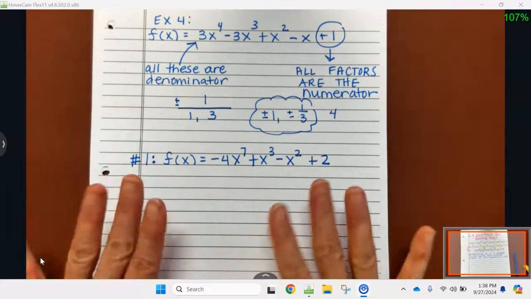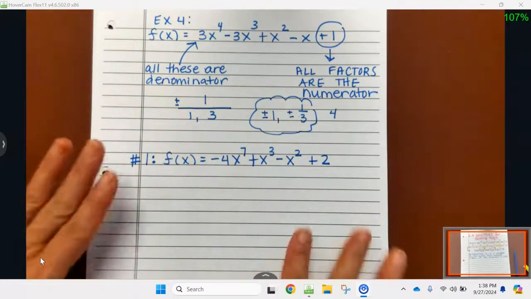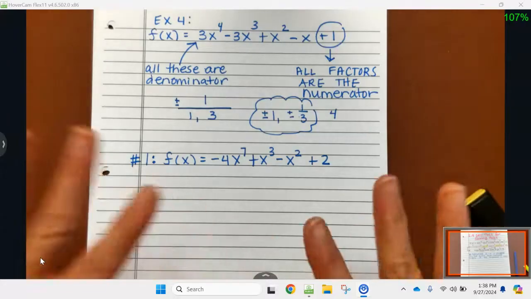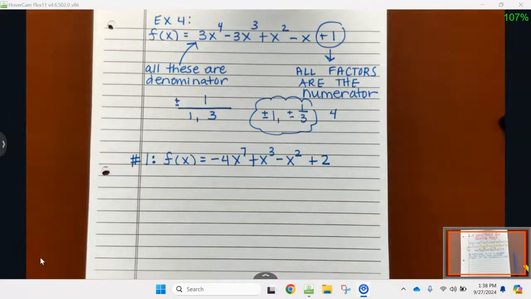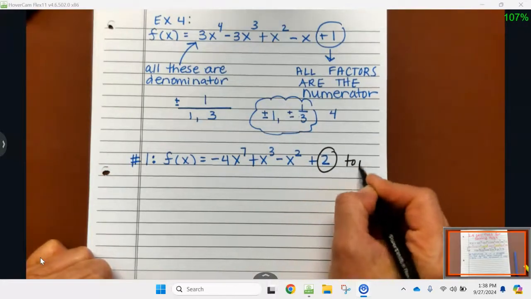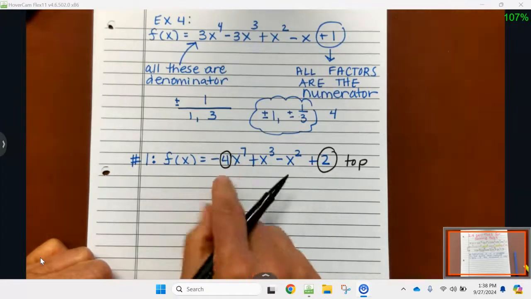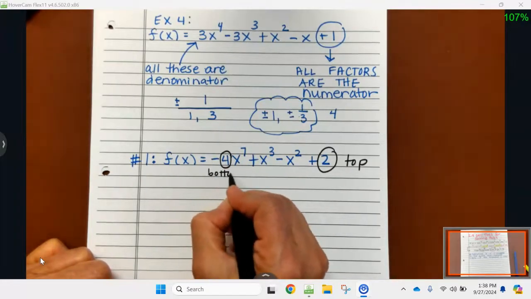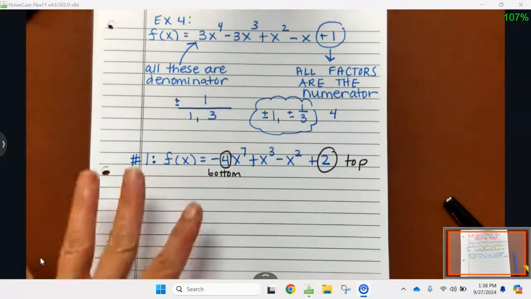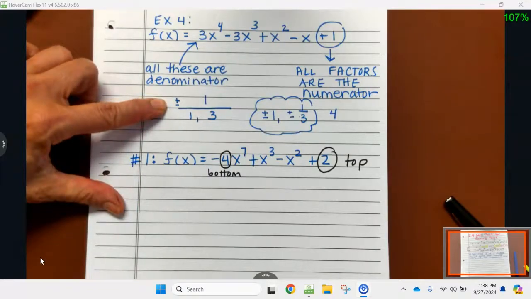Okay, let's do this answer bank. I'm going to find all the positive and negative combos with you, but let's go ahead and do the answer bank since this is what we were working on most recently. So remember, this is going to be the top, all the factors. This is going to be the bottom, all the factors. Now, even though it started with a leading coefficient of a negative, I don't even care about that because I'm just going to use the plus and minus anyway.